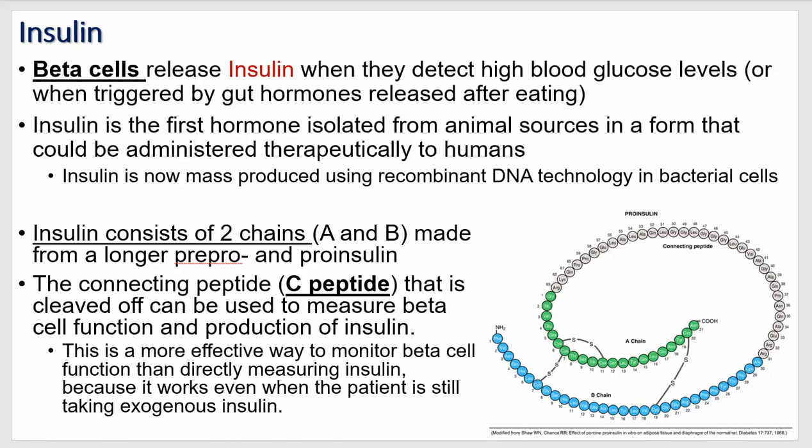So insulin: beta cells, like we said, release insulin when they detect high blood glucose levels or when triggered by gut hormones. Here are some interesting and useful facts about insulin. Insulin is the first hormone isolated from animal sources in a form that could be administered therapeutically to humans. This started out as just grinding up pancreas.